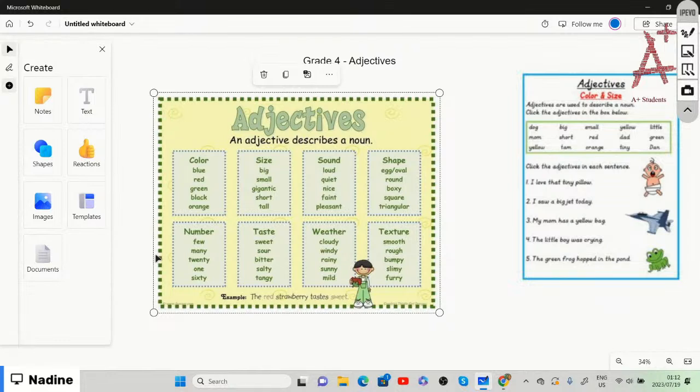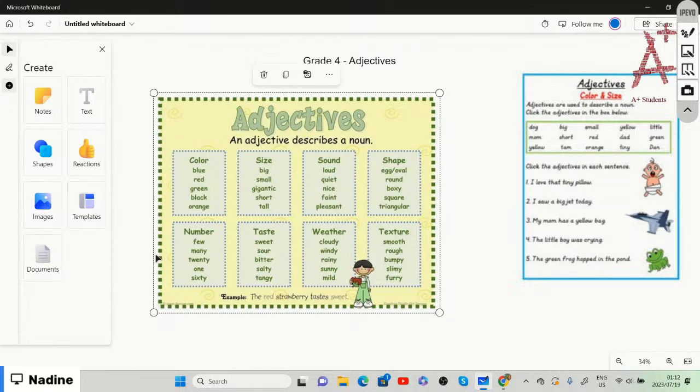So these are but a few examples of adjectives. We see that an adjective describes a noun, and it can describe a noun based on color, size, number, taste, weather, sound, shape, or texture.